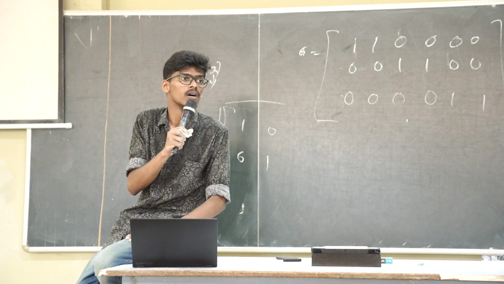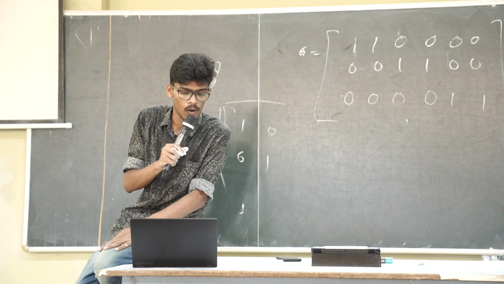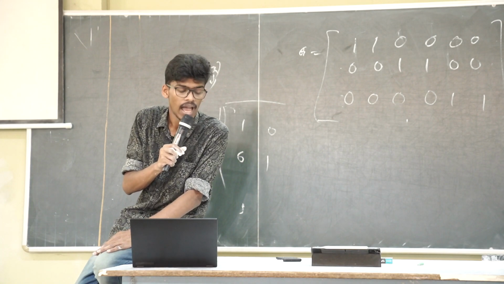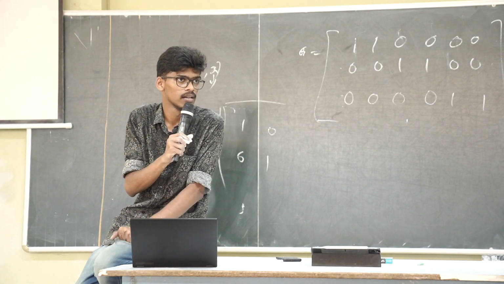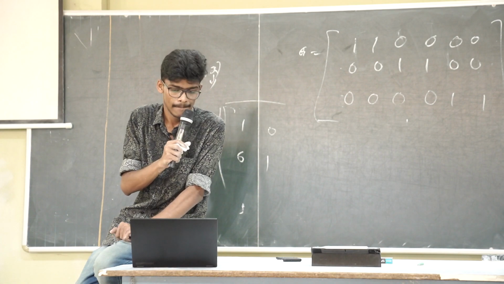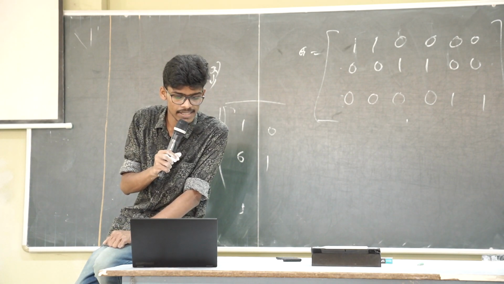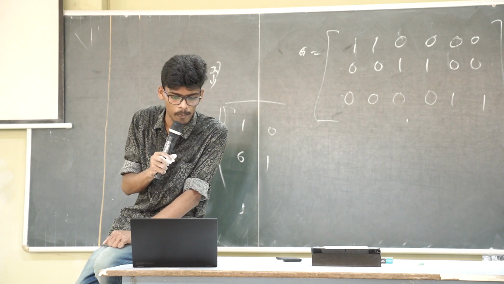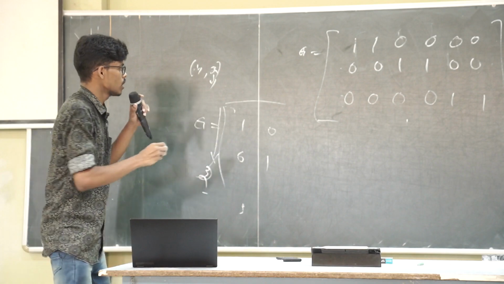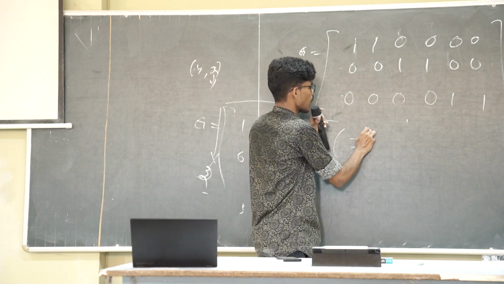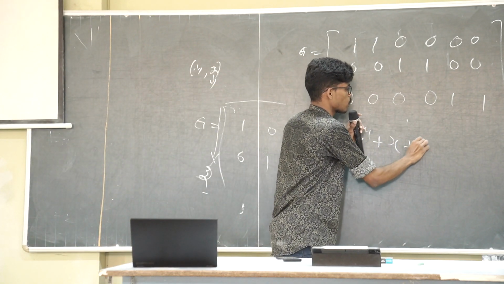Yes or no? You can find out all the message bits, right? And n is given and it is clearly stated that g of x is equal to x to the power 4 plus x plus 1.